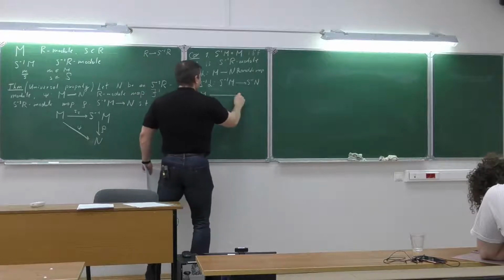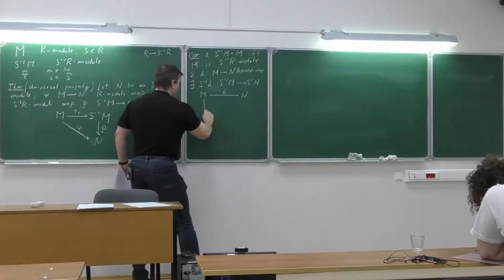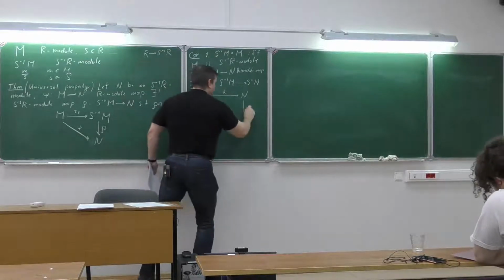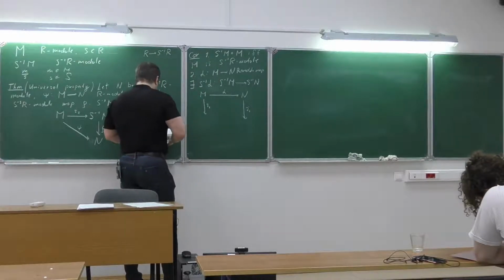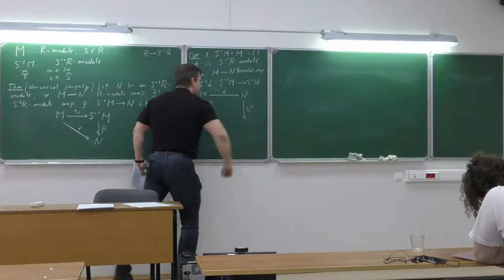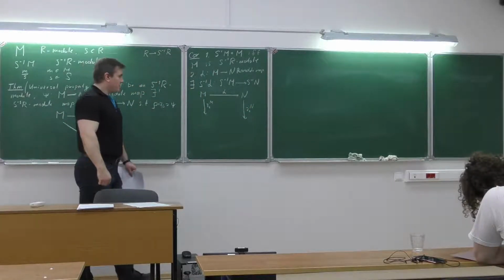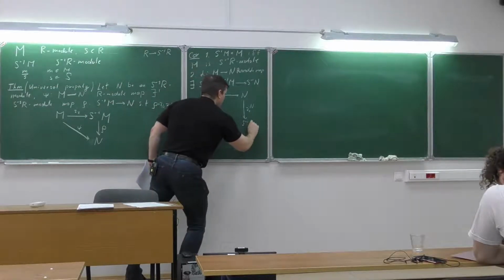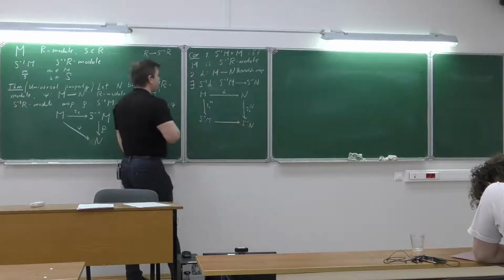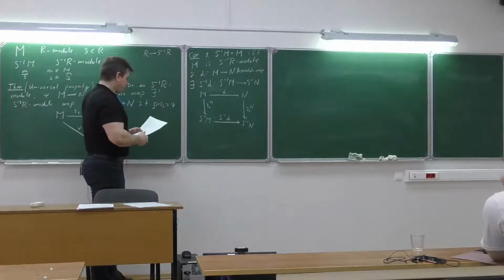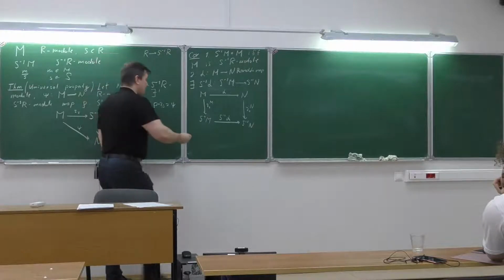M is mapped to N. Then we have two canonical maps, iota. Maybe to get better notation, I also add indices M and N, since this map depends on the set S and also on the module. So these will be canonical maps to the localization. And then there is a map which we can call localization of the map, S inverse alpha, so that the diagram is commutative.